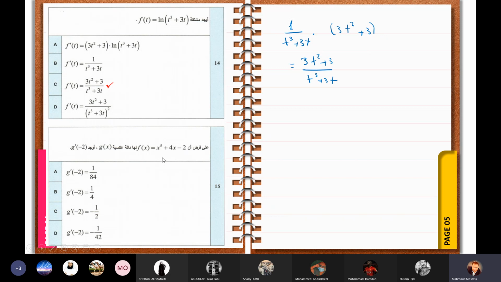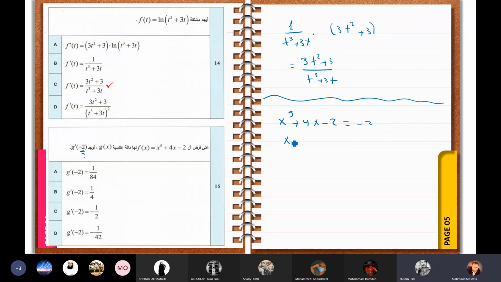Okay. If f of x has inverse g of x, find g prime of negative 2. What's the first step here? We make f of x equal to negative 2. So I will take x power 5 plus 4x minus 2 and make it equal to negative 2. Why negative 2? Because that is the value given.